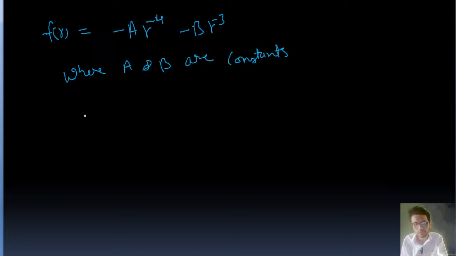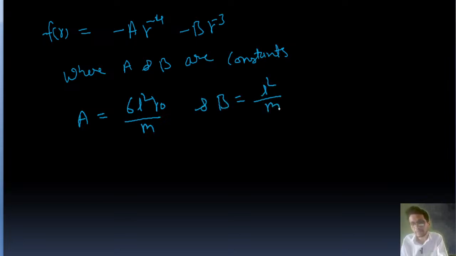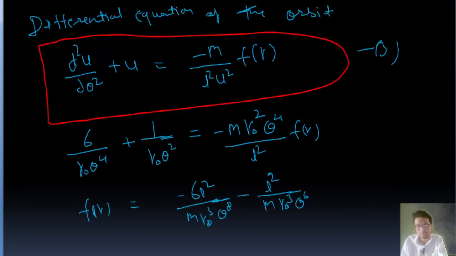Where the value of A is 6 L square r naught upon m, and the value of B is L square upon m. Okay, this one.